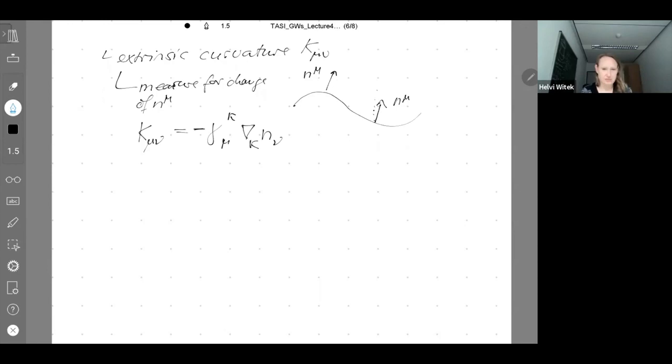I don't know whether that is the reason why in numerical relativity we use extrinsic curvature, but it's a really nice geometric interpretation of this quantity.